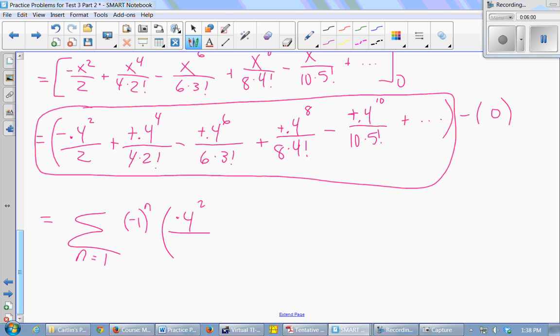So this is going to be 2n, and then it's going to be 2n times n factorial. It's from 1 to infinity, because I have the dot dot dots here. The question said write down at least the first 5 terms, just to make sure you understood what the terms look like.